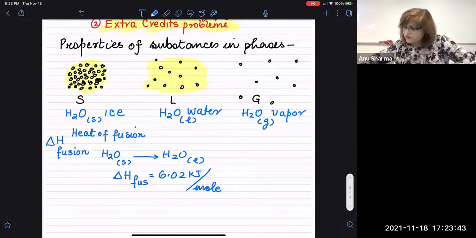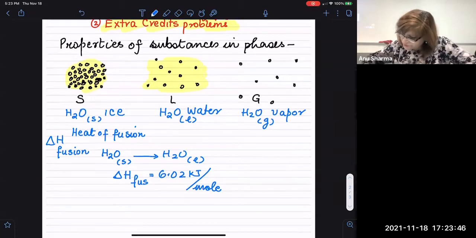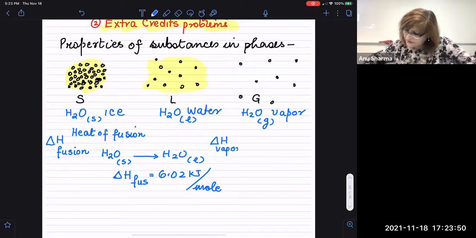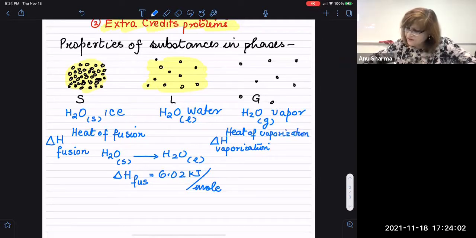Next is delta H of vaporization, the heat of vaporization. The heat of vaporization is the amount of heat needed to convert water in its liquid state to water in its gaseous state.